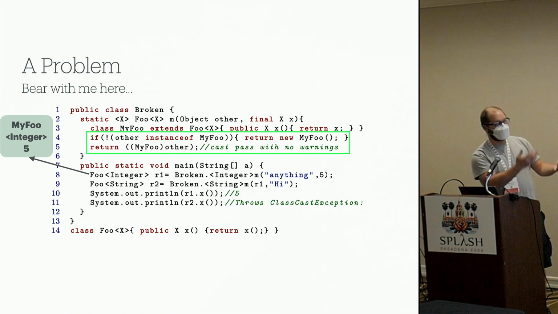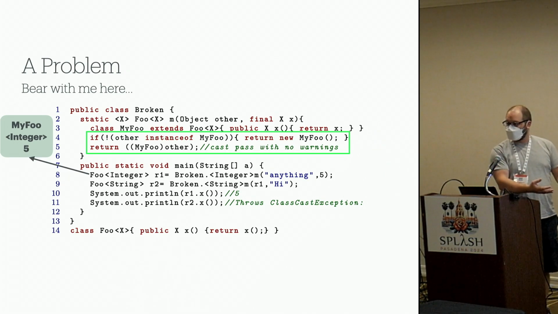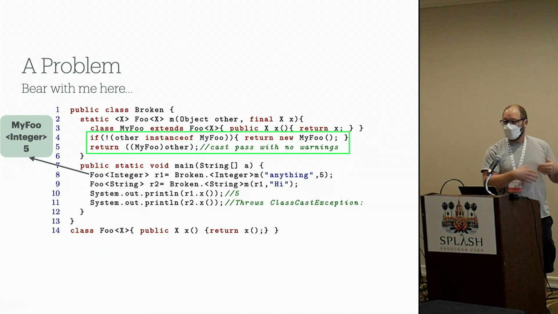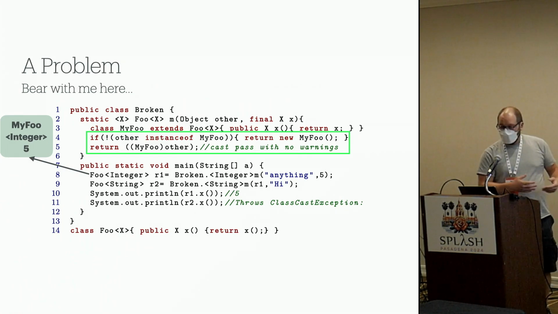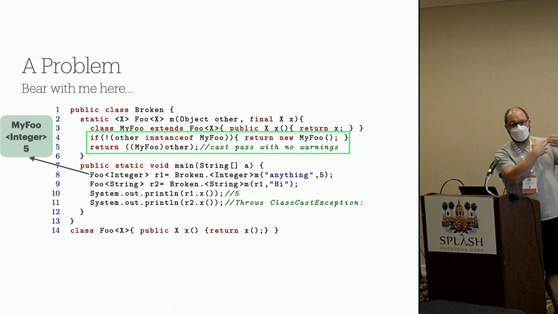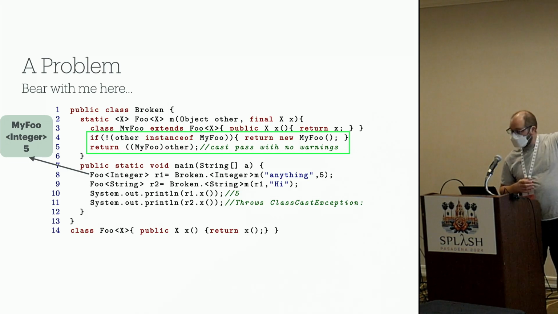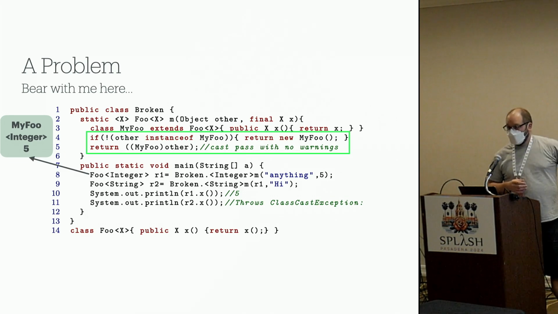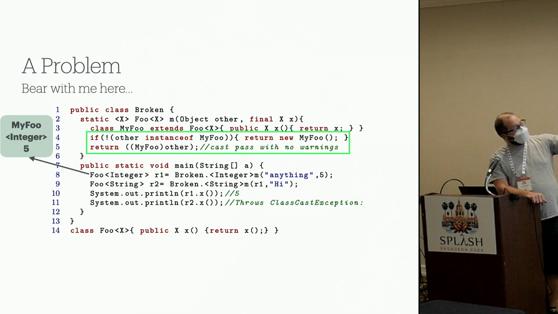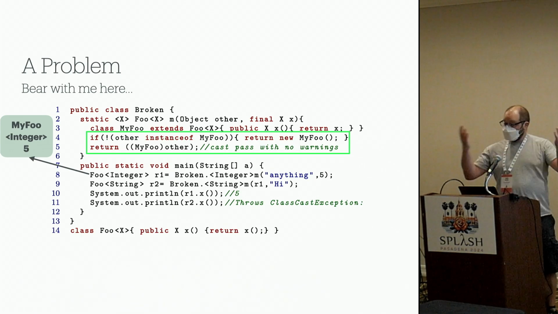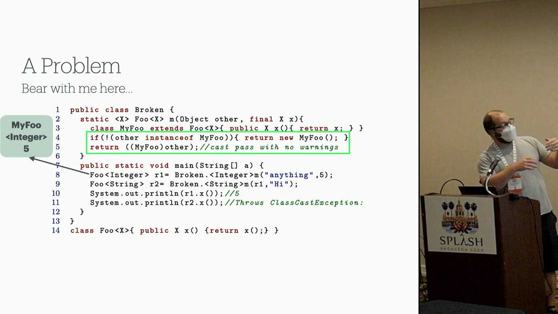Right? Now we do the weird part. We call this method again, but we call it with a different generic parameter. We call it with strings instead of integers. And we also switch which random object we pass in. We pass in now this first myFoo that we got out. So it goes in here on line 4. It now is an instance of myFoo. So that gets negated.